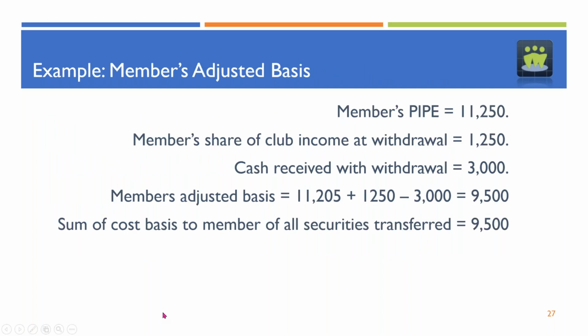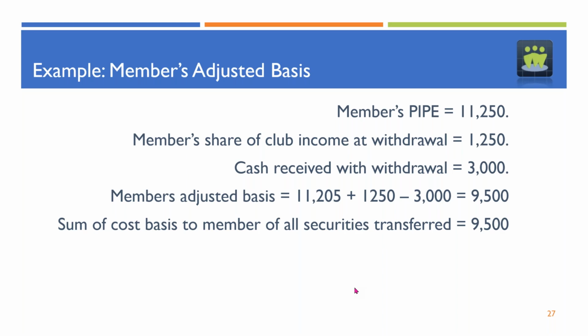So here's an example. A member has a cost basis of $11,250. Their share of the club's income at the withdrawal is $1,250, so that brings it up to $12,500. They receive $3,000 in cash, so subtract that from their cost basis.